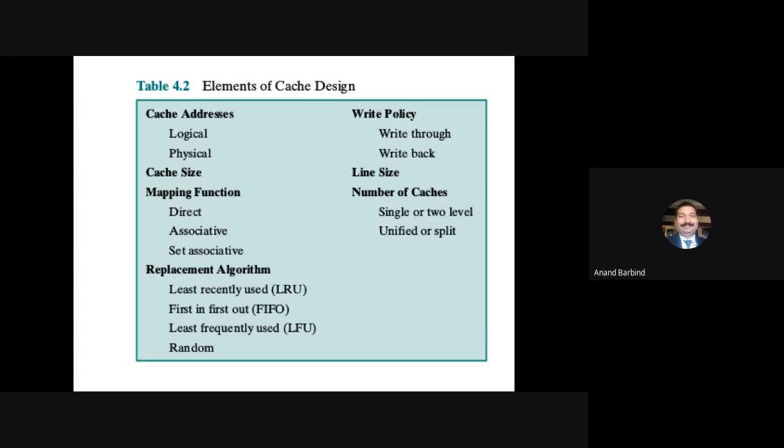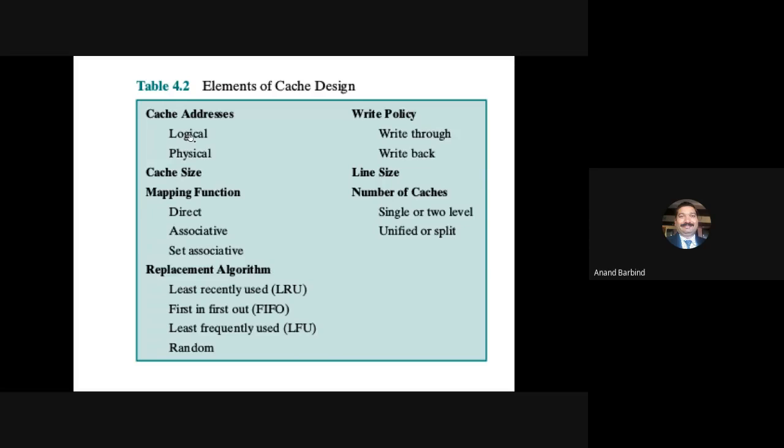It typically uses a memory called the CAM, that is content addressable memory, with which it is easier to locate quickly whether a particular address is present in the memory or not.